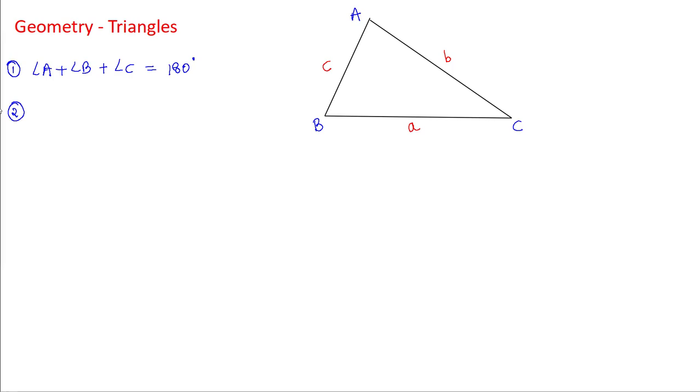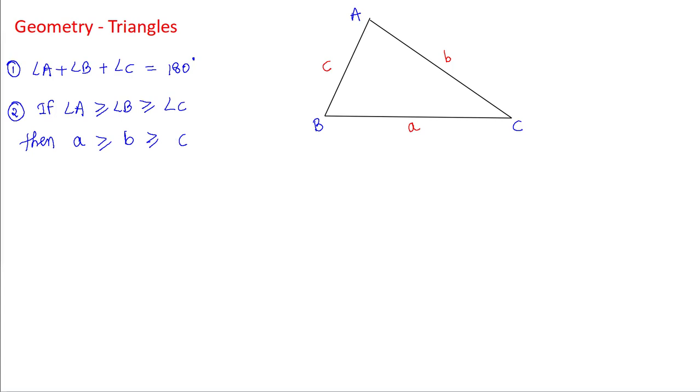The first triangle inequality is: if angle A is greater than or equal to angle B and angle B is greater than or equal to angle C, then the side opposite to angle A, small a, is greater than or equal to the side opposite to angle B, small b, which is greater than or equal to the side opposite to angle C, small c.